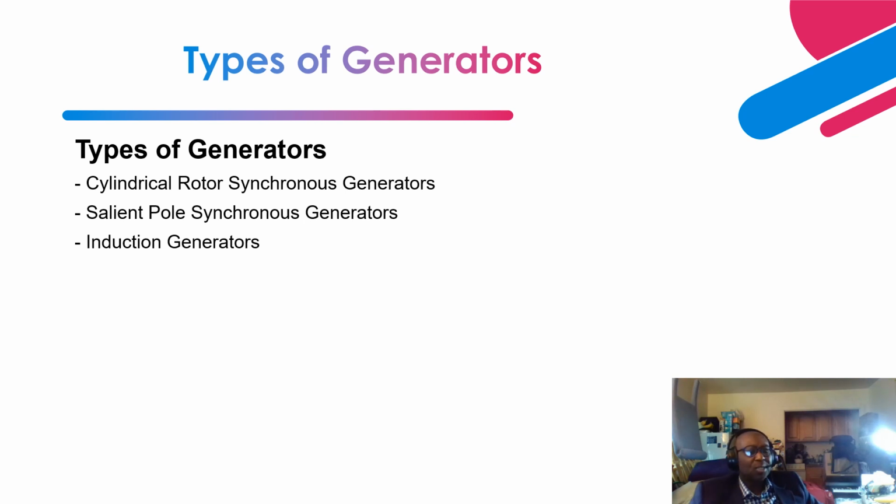That is what is used in hydro power plants. But for gas turbine plants, oil plants, coal power plants, and steam turbine plants, most of them utilize a cylindrical rotor. And some also utilize an induction generator. We have induction generators utilized in wind farms.